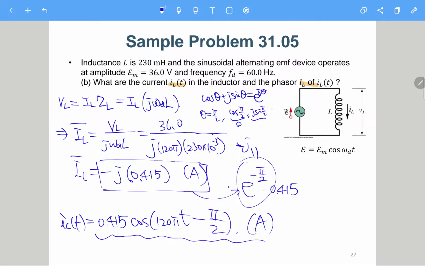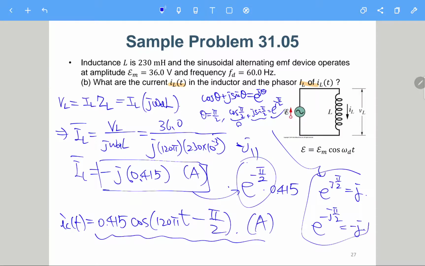So j equals exponential to j pi over 2. So exponential to j pi over 2 equals j, or exponential to minus j pi over 2 equals negative j. We have these two.